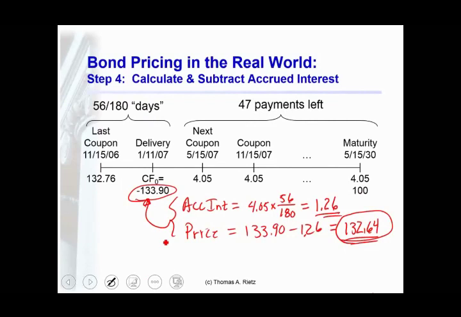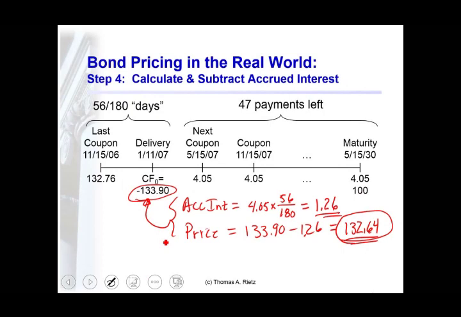As I said, the conventions for doing this vary dramatically. Do you price as of the last coupon and bring it forward, or the next coupon and bring it back? Do you use simple interest, daily compounding, fractional compounding, some other convention to bring it forward or back?